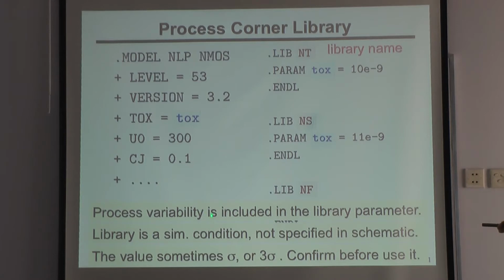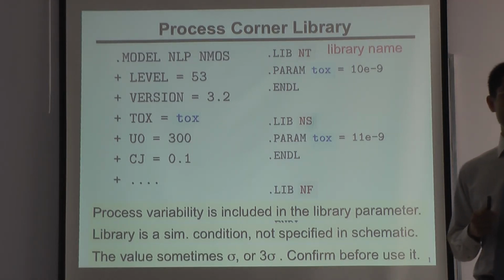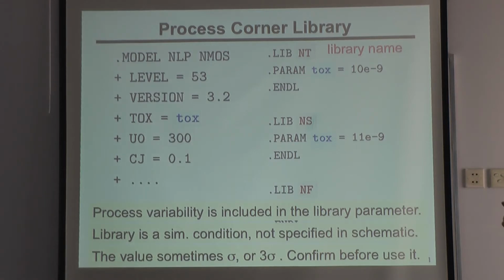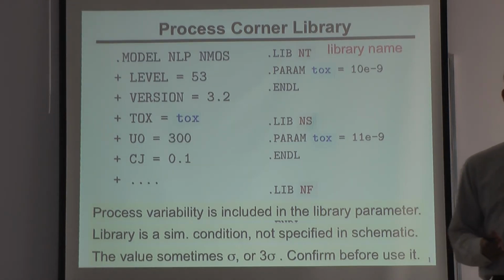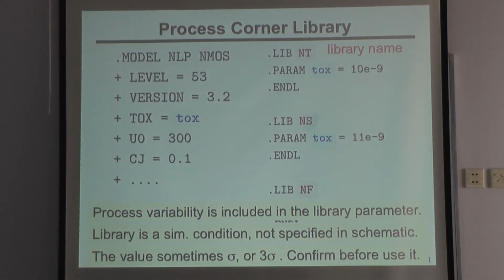So this kind of process variability is included in the library parameters. The library is a kind of simulation condition, so this library information should not be included on your schematics. On the schematics, we assume all of the transistors are fabricated at the typical corner. The slow corner and fast corner should be specified by another stimulus of the simulator. This value sometimes uses sigma, or sometimes 3 sigma.